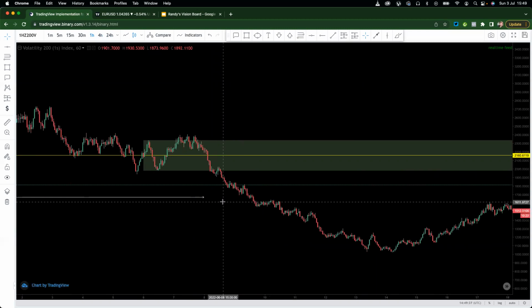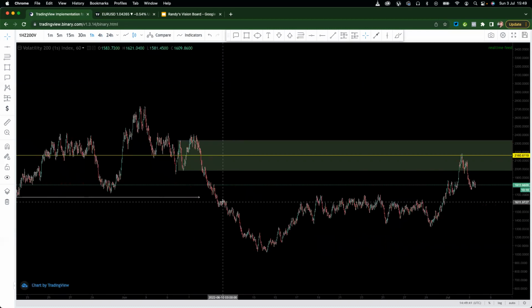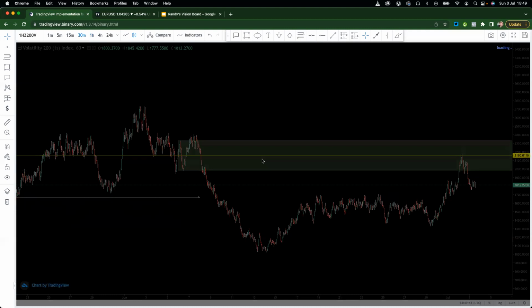So now we found the order block on the daily time frame. Remember, you could enter from the 1 hour, 30 or 15 minutes. It just depends on what you're looking for. Let me go to the 30 now to see what's going on, and I'm also going to check if there's an imbalance or not.